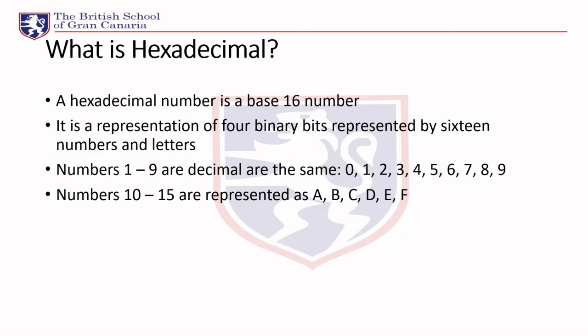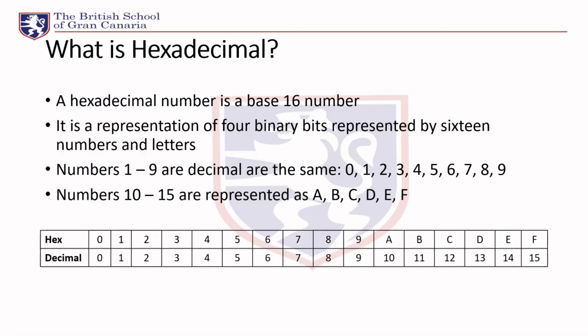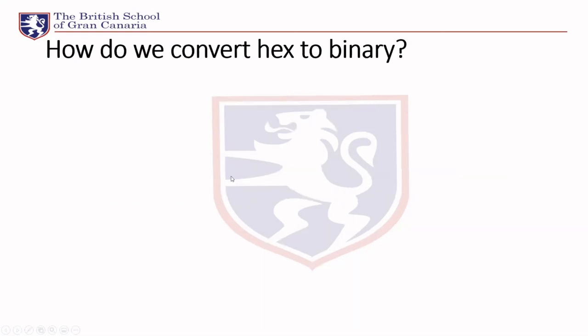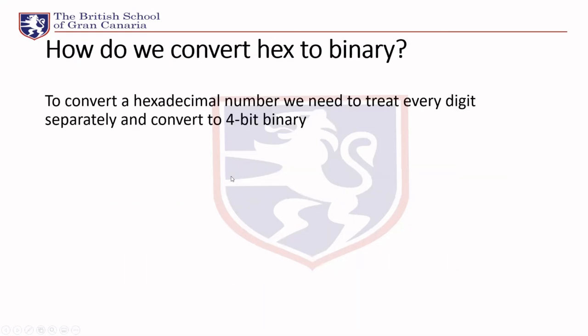If we were to say, what is 10 in hexadecimal? It is A. There's the table. You can see everything is normal up until we get to number 10, when it then becomes letters.